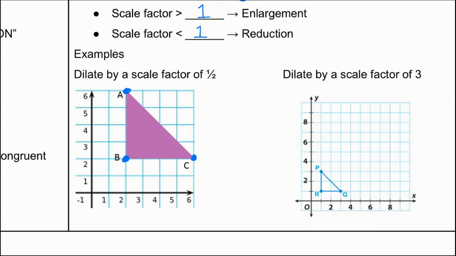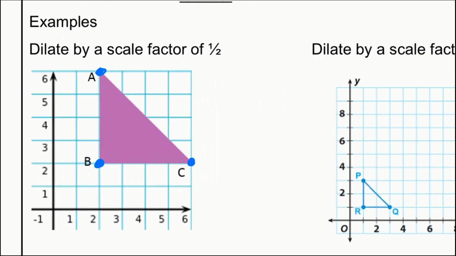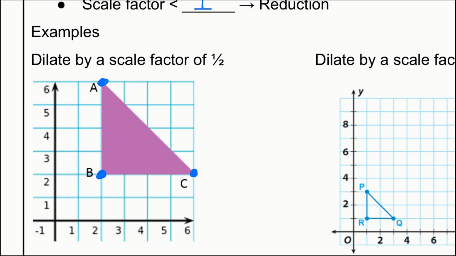Okay, so since we are dilating and we have to multiply, what you are going to do is multiply our x coordinate by 1/2 and our y coordinate by 1/2. So I'm going to write A, B, and C for the pre-image.